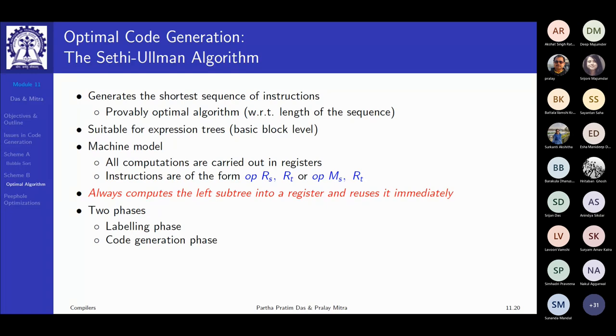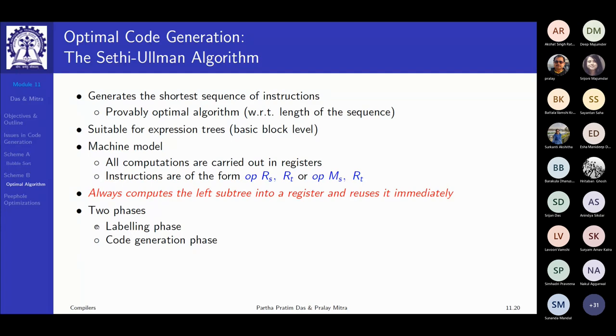The key assumption here is to always compute the left subtree into a register. We are talking about an expression tree. So you have a left operand and a right operand, and the left operand naturally will have another expression tree below that. So there's a left subtree, and the right operand will also have that. So always compute the left subtree into a register and reuse that immediately to do the computation.